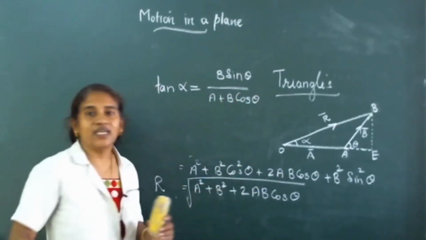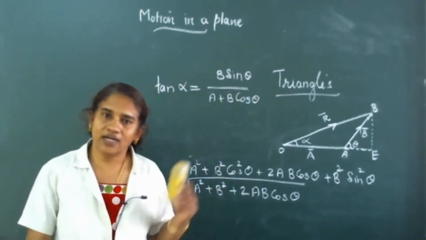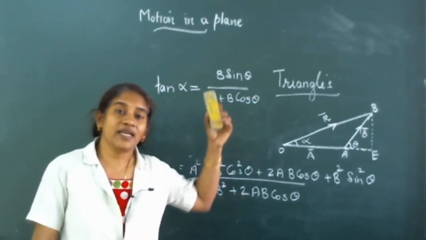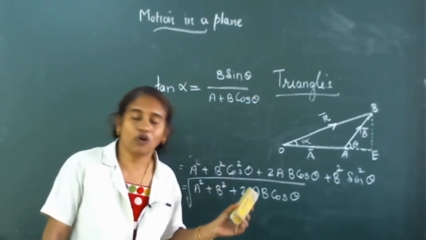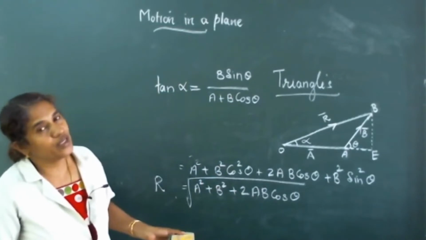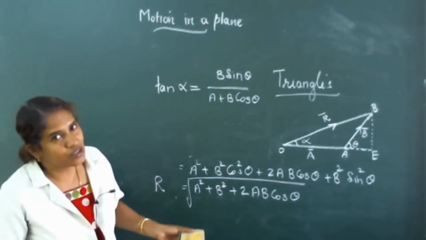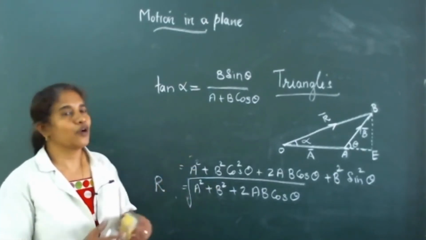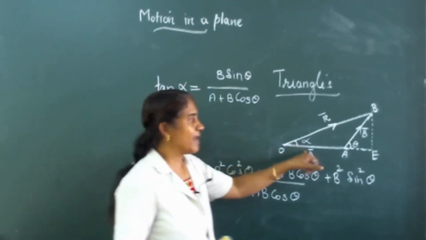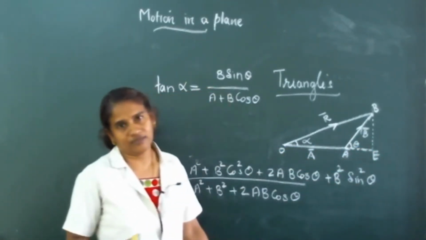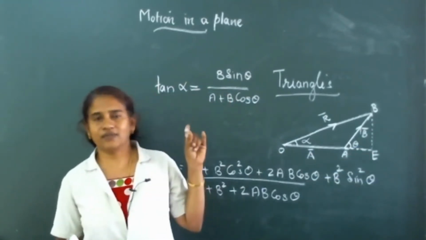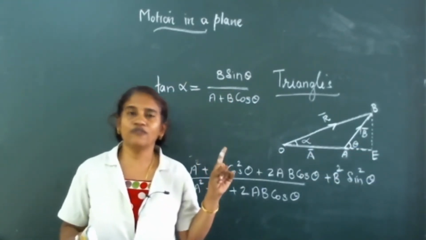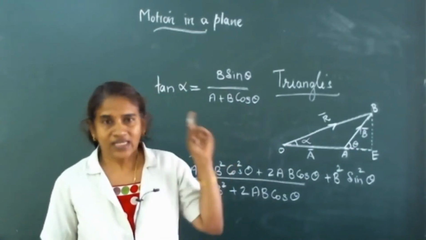So the direction is tan alpha equal to B sin theta divided by A plus B cos theta, and the magnitude is root of A square plus B square plus 2AB cos theta. Okay, so using triangle law, we can add two vectors. This is the first method, triangle law of vector addition.